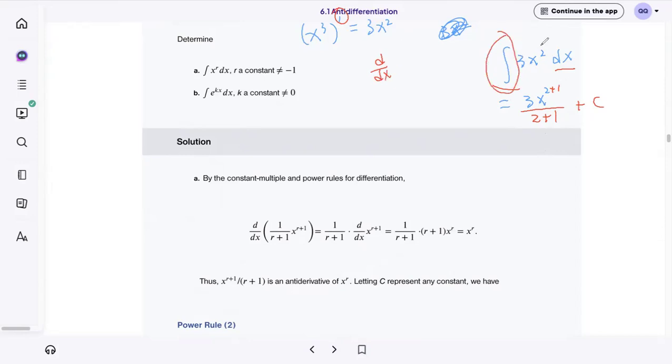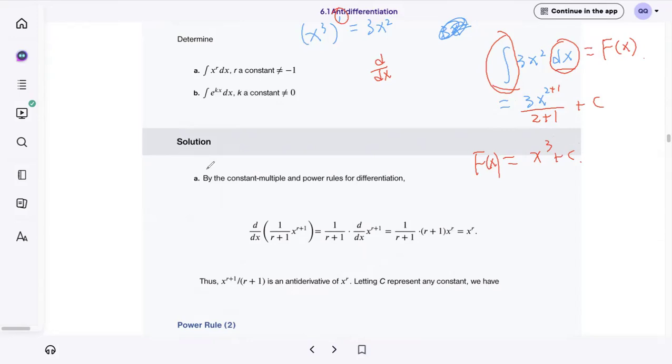We use this pair to represent the anti-differentiation or integration. Then we simplify. So 3 divided by 3, that's gone. So we get x cubed plus c. That's our f of x. So anti-differentiate, we get an original function.